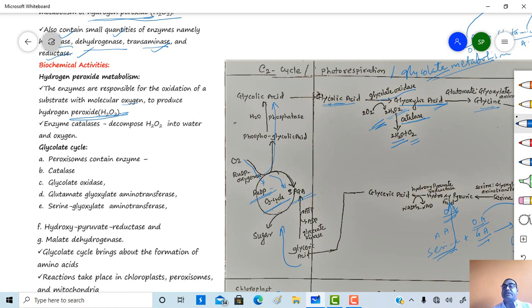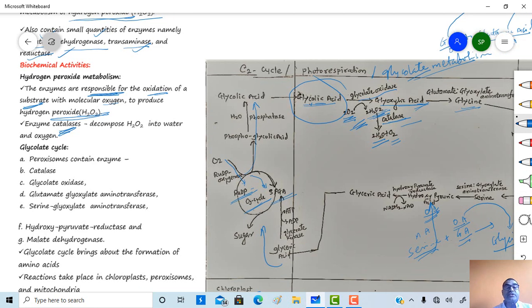The enzymes present in the peroxisomes are responsible for the oxidation of the substrate. Which substrate? Glycolic acid with molecular oxygen to produce hydrogen peroxide. This is the enzyme catalase, and this catalase enzyme decomposes the hydrogen peroxide into water and oxygen. Then the next one is the glycolate cycle.